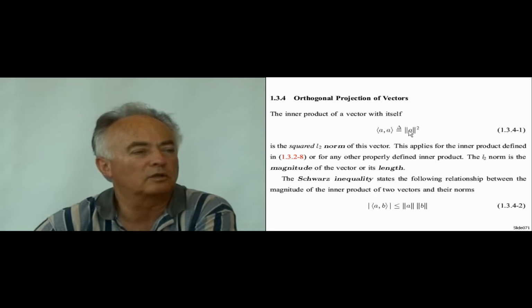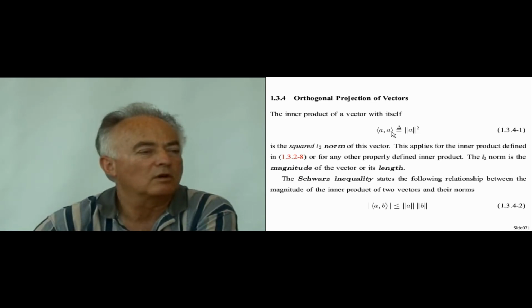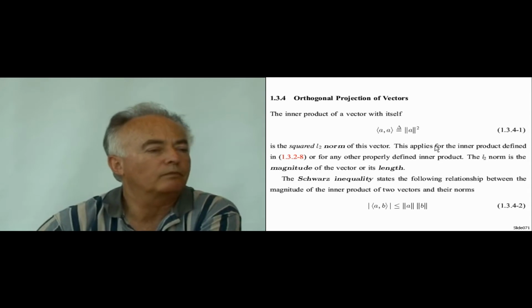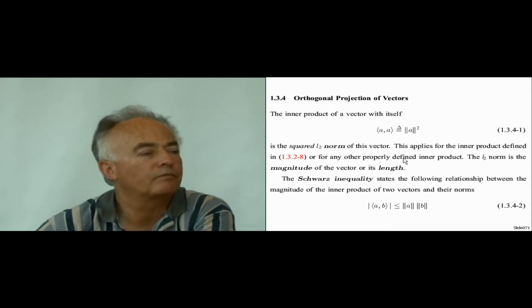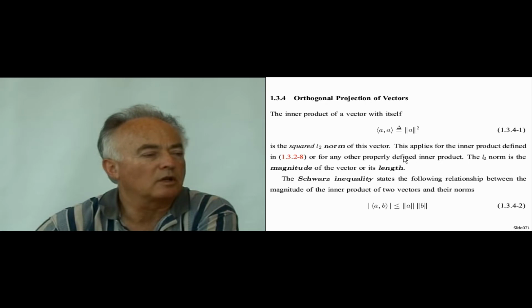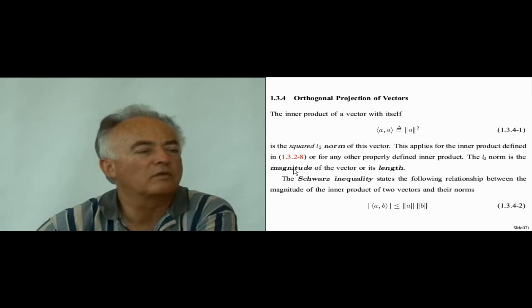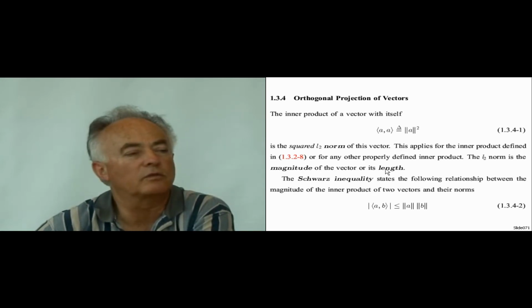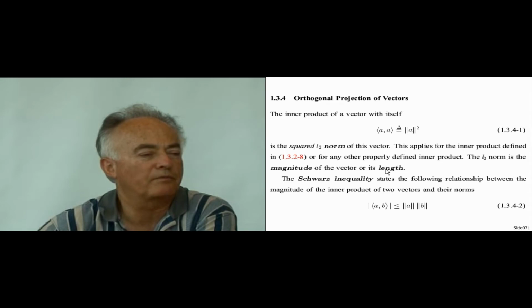An inner product, in its definition of a vector with itself, is required to provide what's called a valid norm. This is the so-called L2 norm. Obviously, it is squared. Physically, this L2 norm is the magnitude of the vector or its length, which can be easily seen with our definition of a vector in a Cartesian space.